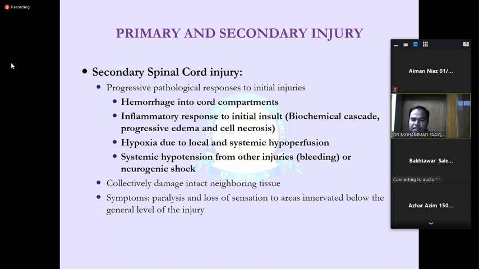This may lead to secondary spinal cord injury, and this may worsen the primary deficit which the patient has sustained because of primary spinal cord injury. So primary spinal cord injury cannot be undone, but secondary spinal cord injury you have to manage.